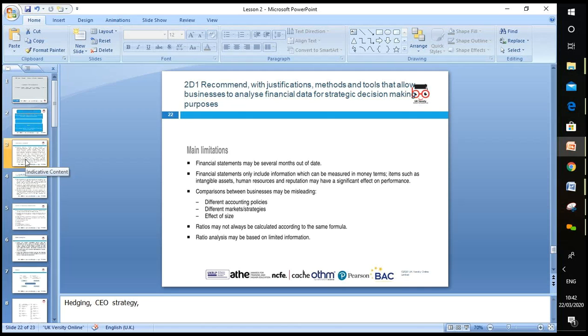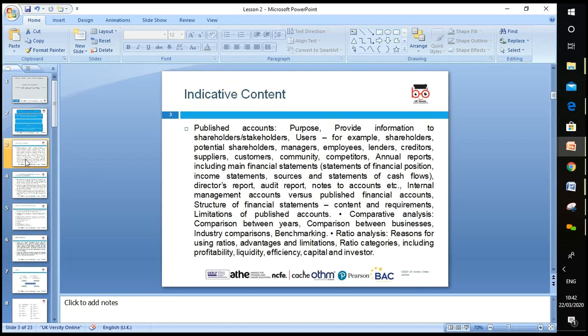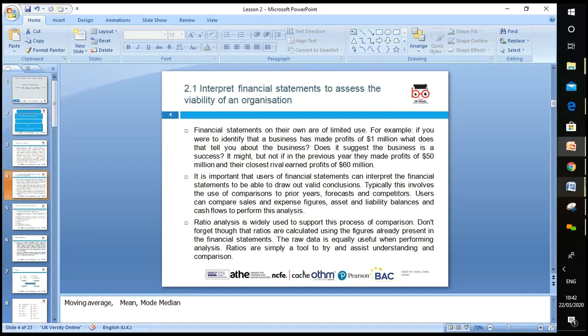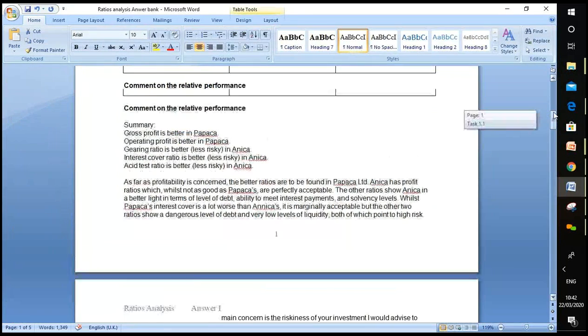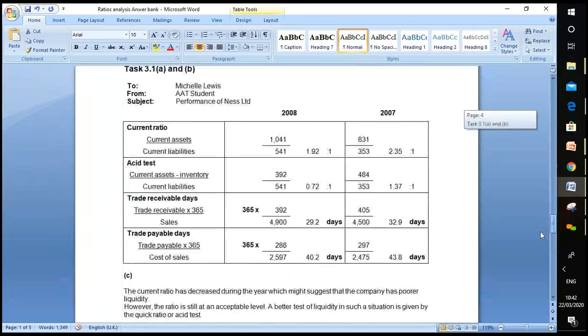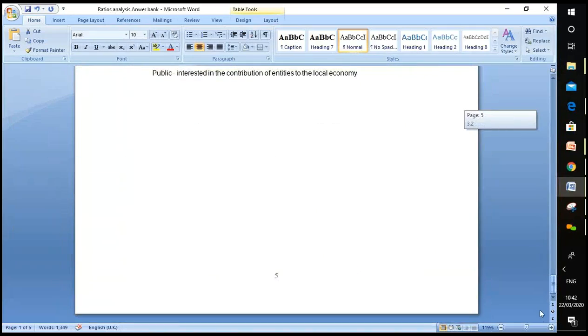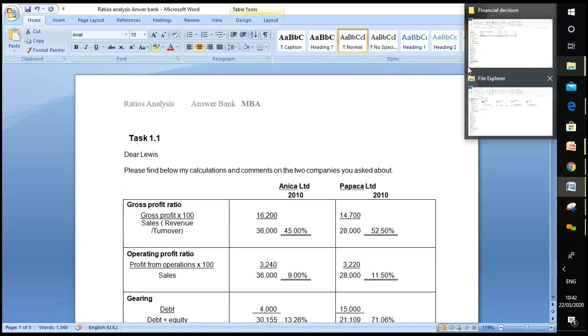Brilliant. So today's lesson, everyone will have learned about ratios, how we can interpret them, and how we can make decisions. There will be 2 documents with all the questions. If you want to do extra questions on the ratios and the conclusion, please go through them once, and I hope they will help you.